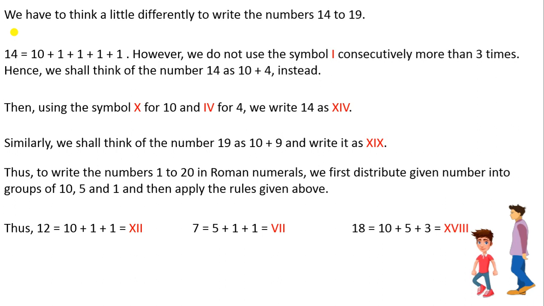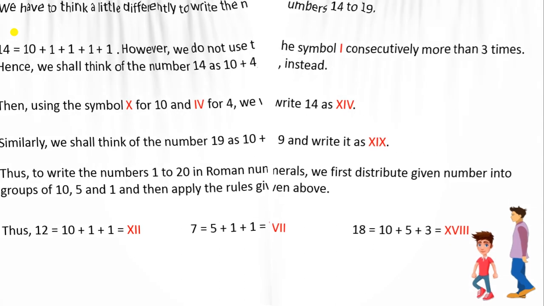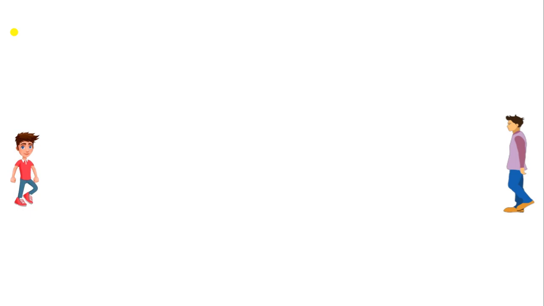Am I right, teacher? Rahul, are you sure you understand all which we have seen about Roman numerals? Yes, teacher, I remember all 4 rules for using the Roman numerals.